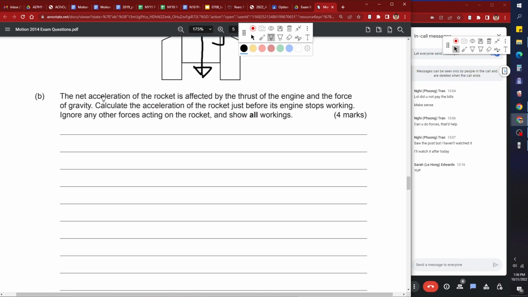So the net acceleration of the rocket is affected by the thrust of the engine and the force of gravity. Calculate the acceleration of the rocket just before its engine stops working. Ignore any other forces acting on the rocket. So in this situation, that means there's no more air resistance, so we don't have to worry about that. It's just thrust and gravity.